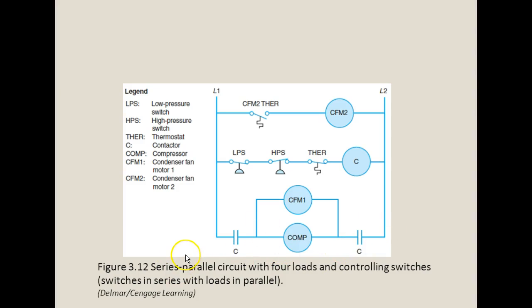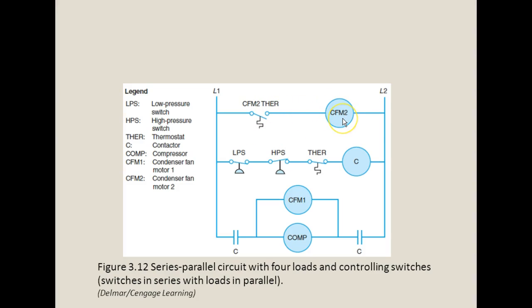Now here we have a series combination on what we call a ladder diagram or a schematic. I have L1 and L2, that's hot leads. They don't tell us how much voltage, but we know there's a voltage difference across here. Here I have a rung or a circuit with an open switch, right?